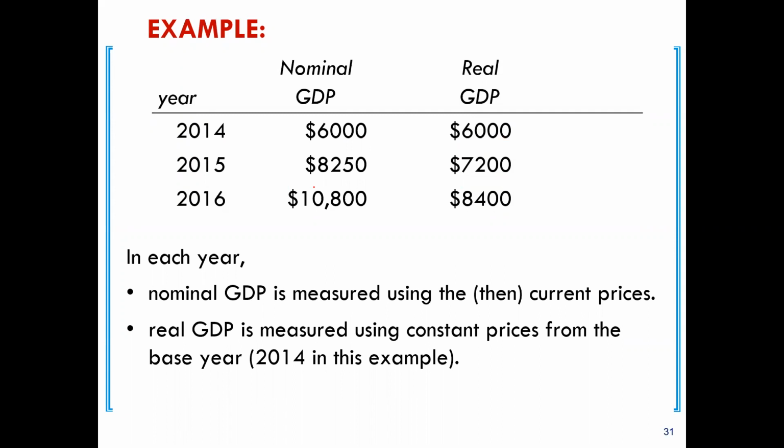In 2015, nominal GDP was higher than real GDP, and in 2016, it was also higher than real GDP. In each year, nominal GDP is measured using the then current prices. Real GDP is measured using constant prices from the base year, which in this example is 2014.